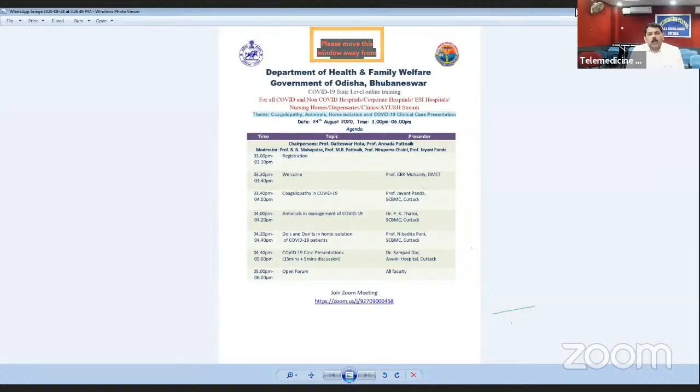And you know, coagulopathy is an important issue in management of COVID-19. Besides the pneumonia, which is a viral pneumonia, most of the shadows in the X-ray and the CT scan are because of coagulopathy, pulmonary thromboembolism, and they disappear very fast once you start the anticoagulants.